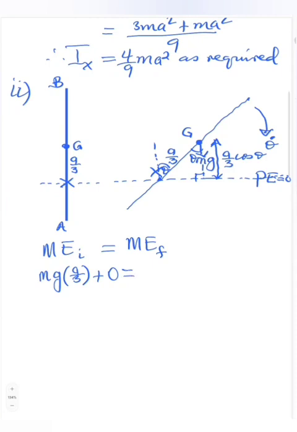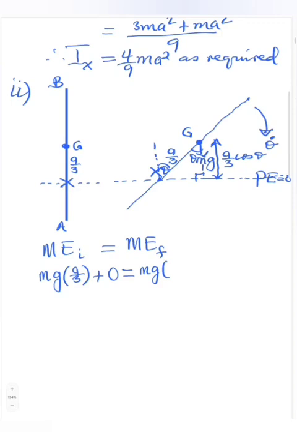That will be equal to, now in the general position at time t seconds, we have potential energy to be mg times the height of G above the zero level, and again the potential energy will be positive because G is above the zero level at that point. If G was below the zero level, the potential energy would be negative.